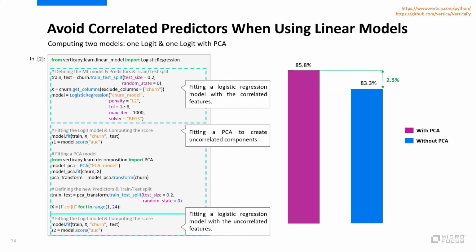Now, a PCA will not keep the meaning of the features, so maybe I will not be able to use a PCA in this case, but here, just to show you, you're winning 2.5% accuracy by just using uncorrelated predictors, and the difference can be much bigger in a lot of use cases. But when you cannot use a PCA, try to discard one of the two features that are correlated one to another in order to avoid wrong predictions.